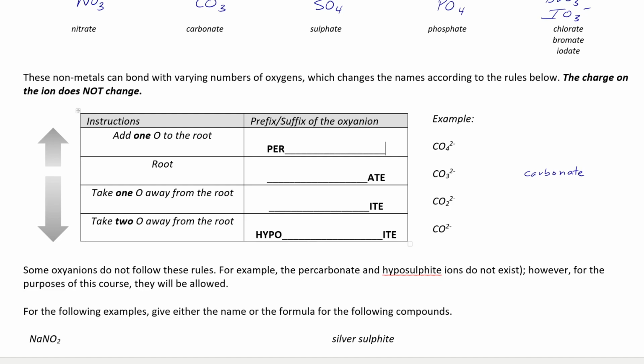Now, if we add 1 oxygen to the root, so we go from CO3 negative and add an oxygen, now we have CO4 negative. We've added an oxygen. Note that the charge doesn't change. I now have to add the prefix per. So this name is now going to become not carbonate anymore, but percarbonate.